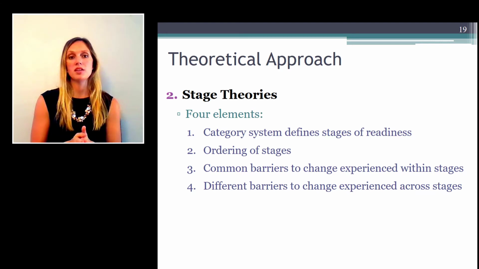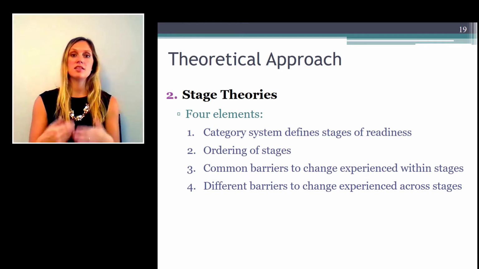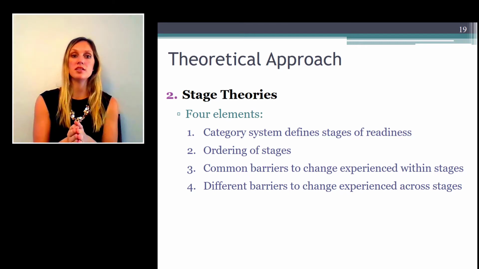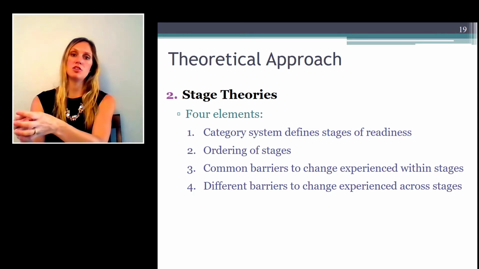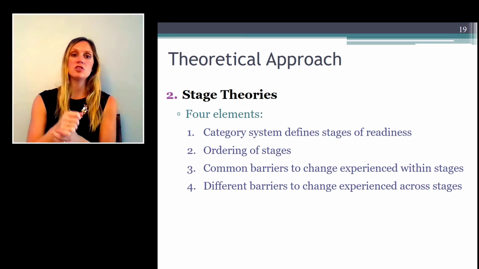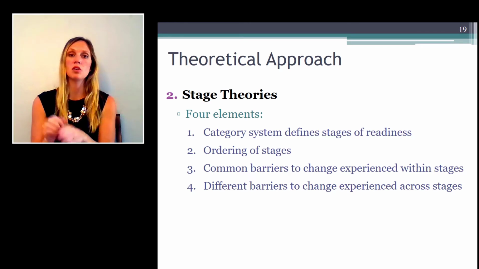So the difference between a stage theory and a continuum theory is that whereas continuum theories propose that this theory should work the same for everybody, it doesn't differentiate between readiness to change. Stage theories say that if a person is in this stage of change, then these components of the intervention and these strategies will work to move them on the continuum.